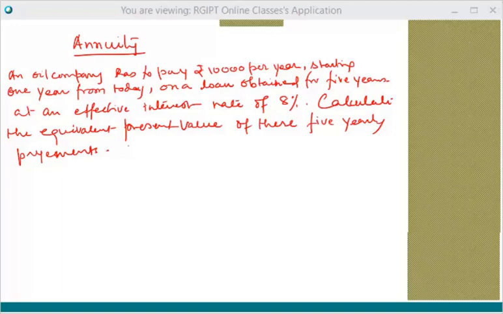The payment includes both principal and interest.